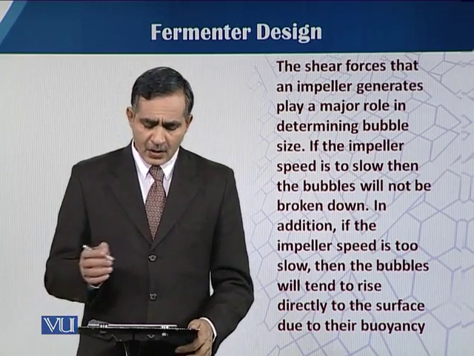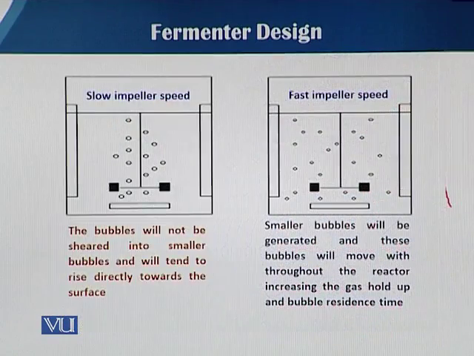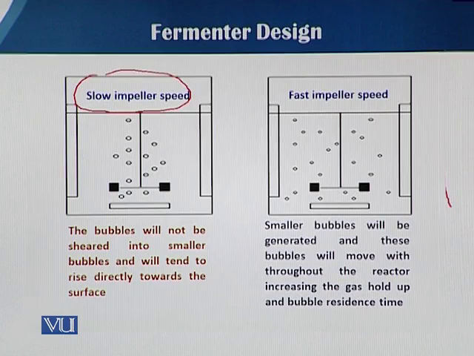In this slide, just imagine the impeller speed is very slow. The air bubbles, when they ooze out from the spargers, just go up and have less time to be retained inside the fermentation medium.